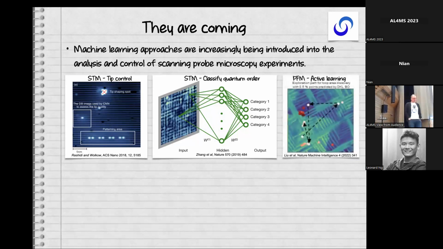Coming from Sergei Kalinin's group in the States, I guess he's now temporarily at Amazon, they've been pioneering the idea of bringing the whole machine learning infrastructure into SPM. And this is a recent example, which I really like, and really on the topic of this meeting, active learning, where they're doing piezo force microscopy, one of the family.